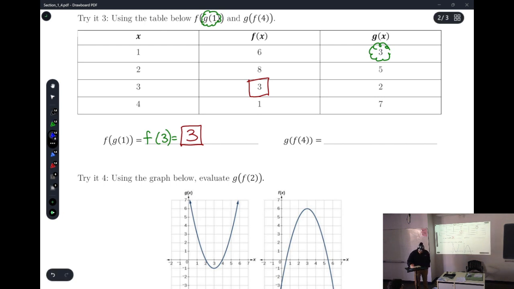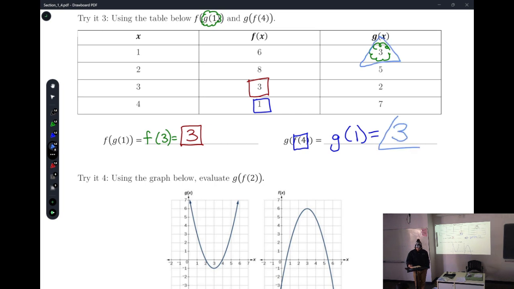Do you know f of 4? What is it? So technically, they're asking us for g of 1. And do you know g of 1? Oh, it's the same thing? Cool. And there's some shapes there to help out.